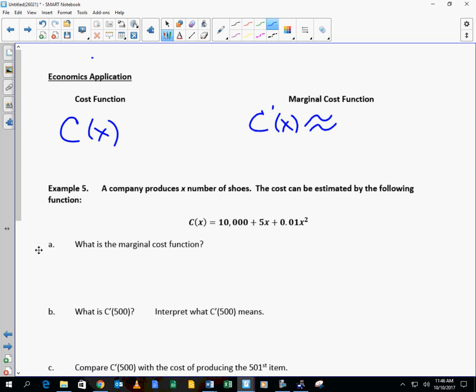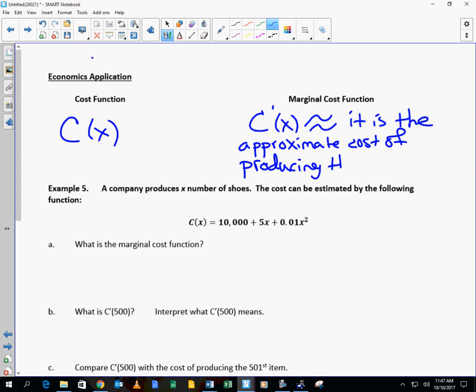And what C prime of x means is the approximate cost of producing the next item. Okay? It's the approximate cost of producing the next item.